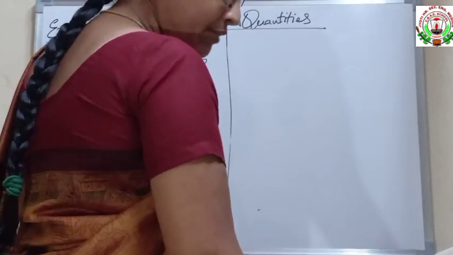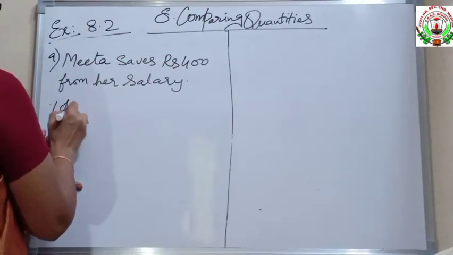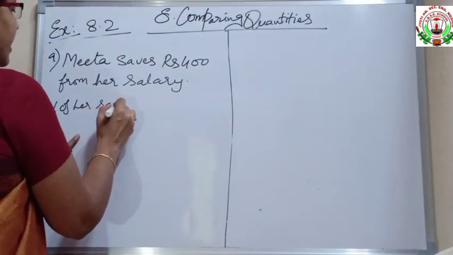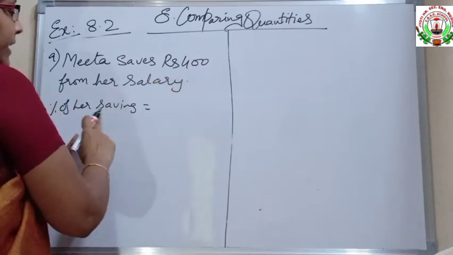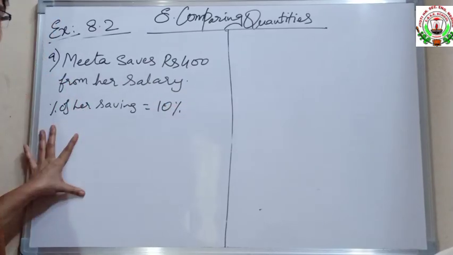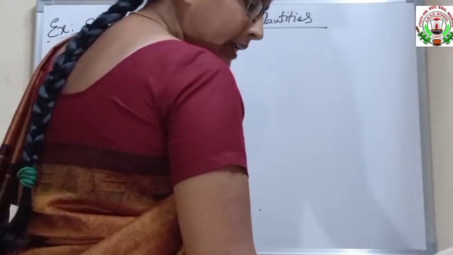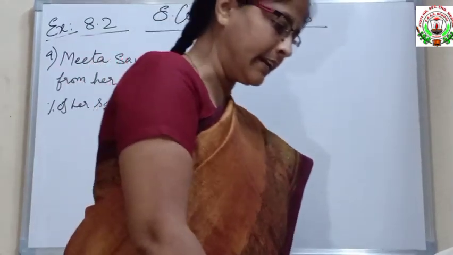Next it is, if it is 10% of her salary, the percentage of her saving. 400 rupees she is saving, and they are telling that this 400 rupees is 10% of her salary. So next, what is her salary? They are asking what is her total salary.